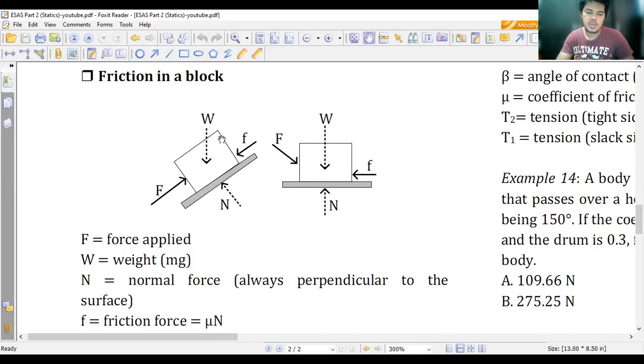So the weight is always positioned vertically downward.